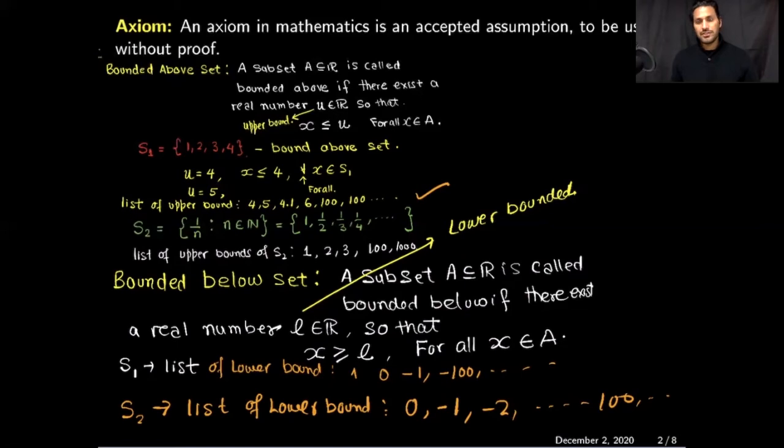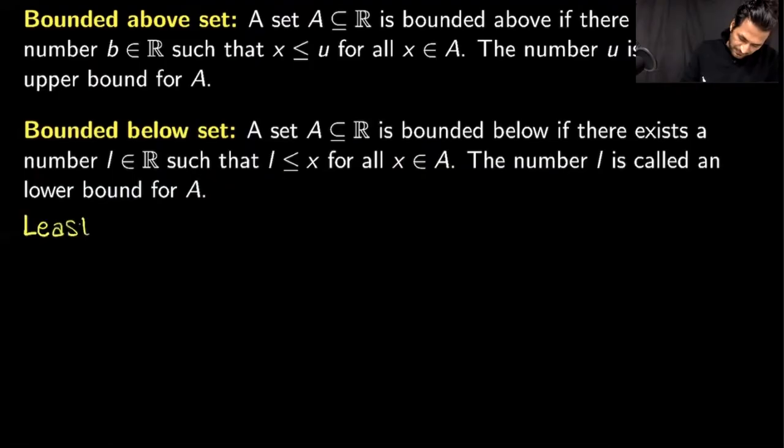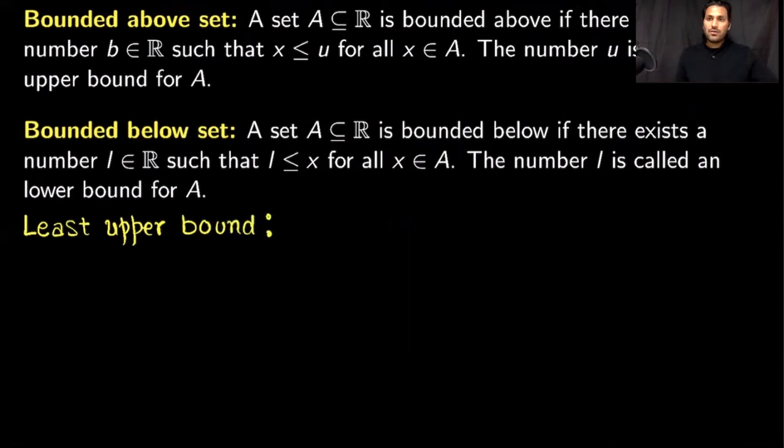So the next definition comes from the idea of upper bound and lower bound, because there are infinitely many upper bounds and lower bounds, and we would be looking for one specific lower bound and upper bound which is important for us. So our next definition is what is a least upper bound.